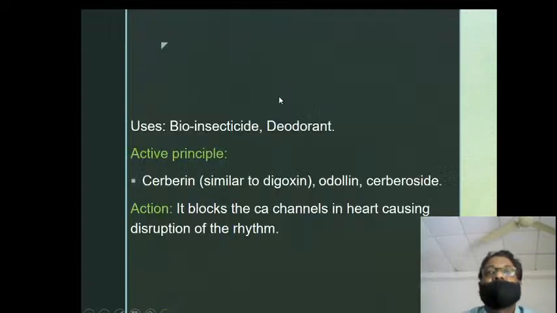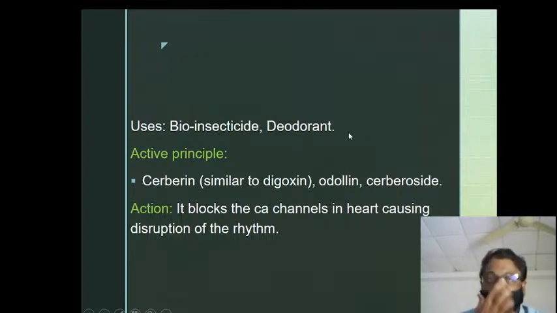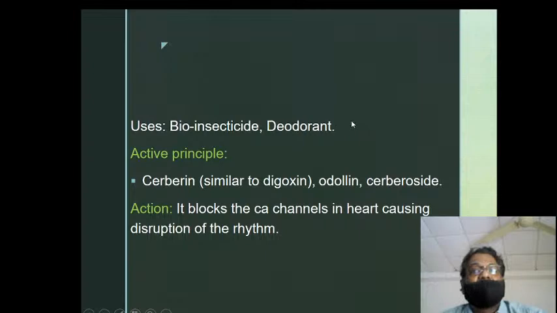It can even be used for other purposes like a bioinsecticide. It can also be used as a deodorant, and sometimes as a fungicide. The active principles are cerberin, odollin, and cerberoside, three important active principles.